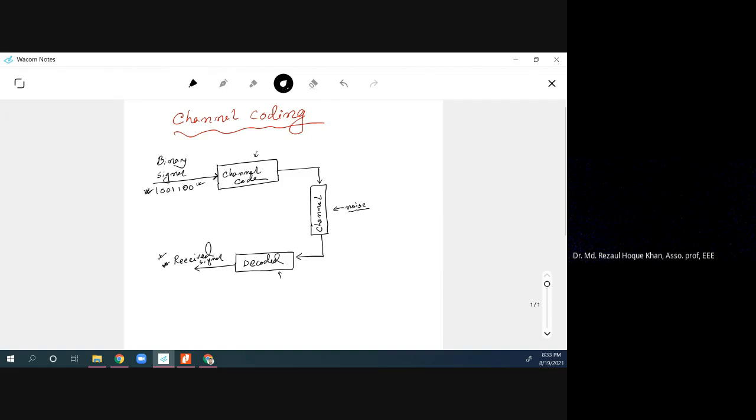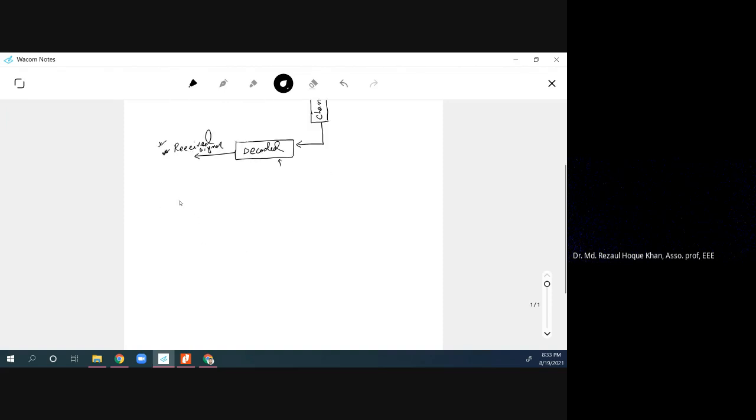Okay, let us give an example. This is a transmitted message and this is a received message. The transmitted message is, for example, 100110101, whatever.